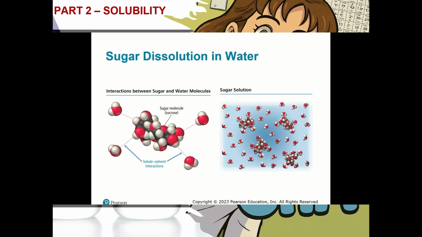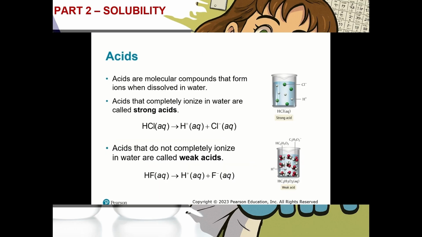Solvent interaction occurs between the hydrogen of sucrose and the oxygen of the surrounding water molecules, and between the oxygen of sucrose and the hydrogen of the surrounding water. As you can see here pointing, all these are interactions, like small bonds between hydrogen and oxygen. And here you can see the sugar molecule surrounded by the water molecules.